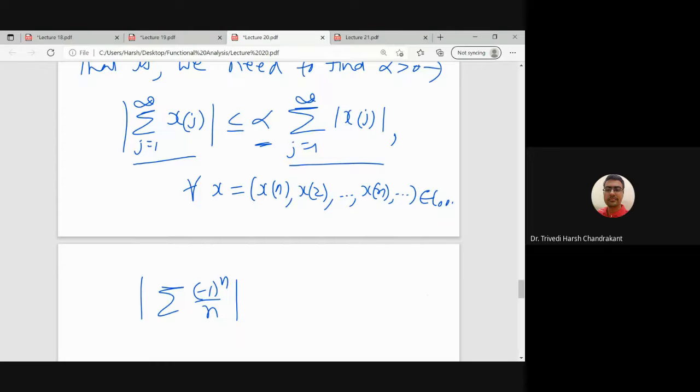Actually we need a convergent series, but I'm just saying for any series, not only elements of c00. What we are saying is that the modulus of the summation of xn is at most the summation of modulus xn.